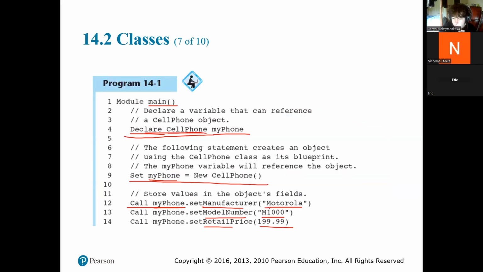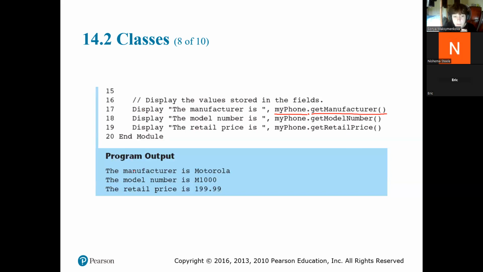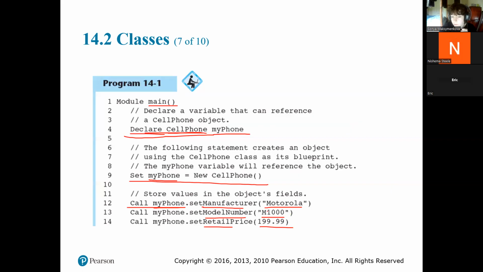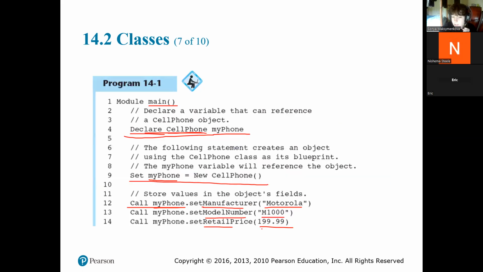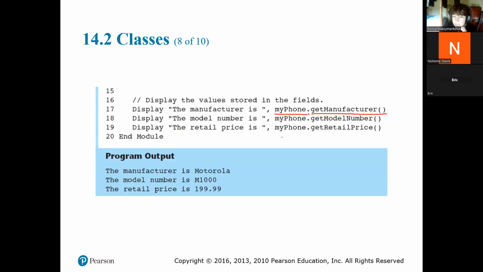And what did we put in manufacturer? We put Motorola. So this line would print that the manufacturer is Motorola. The same thing will happen with the next two lines. We put M1000 into the model number, so we're going to get M1000 when we get the model number from our object called my phone. Same idea with 199.99. We're going to get that by using getRetailPrice.